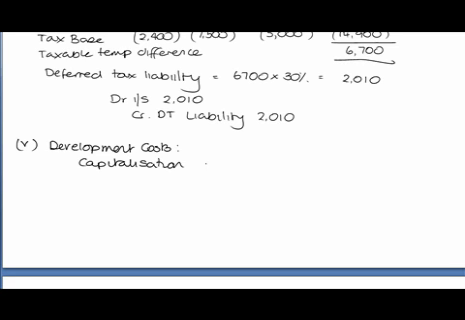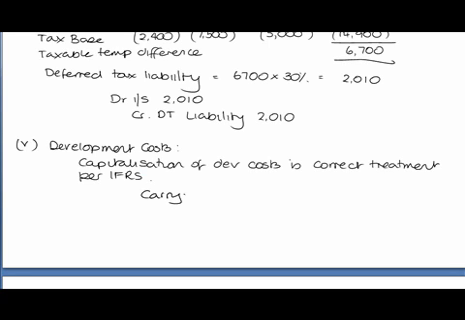The capitalization of development costs is the correct treatment per IFRS. So that gives us a figure of 5 million. So we can say that our carrying amount is 5 million.